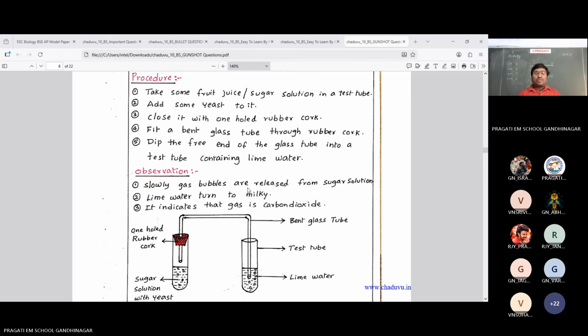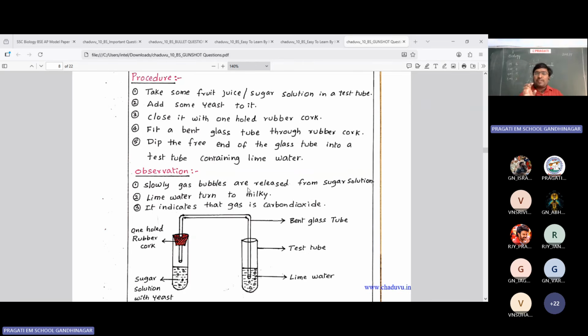So what is our observation? Yeast, during respiration, releases carbon dioxide, as we know. So gas bubbles are slowly released from the sugar solution. Whenever the bent glass tube delivers gas directly into the next test tube, which contains lime water, the carbon dioxide passes through the bent glass tube and is delivered to the lime water.